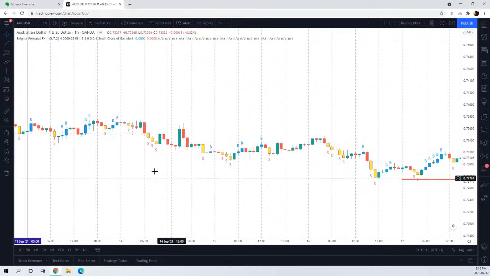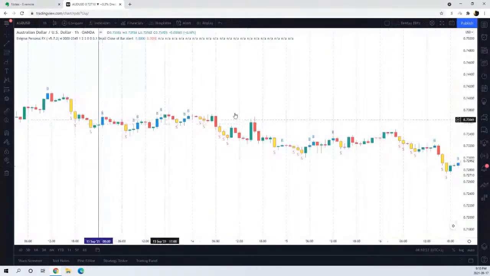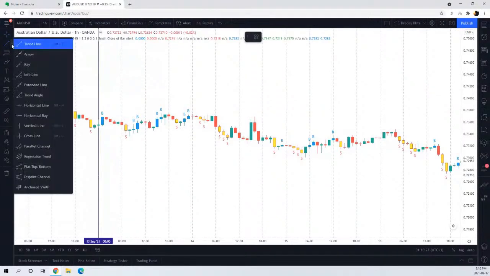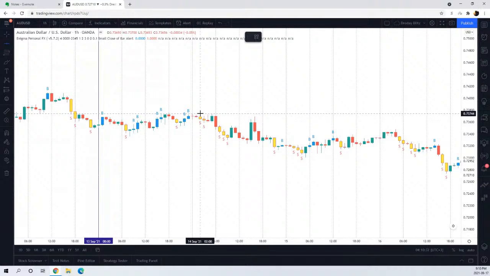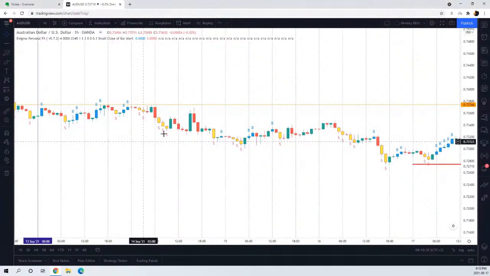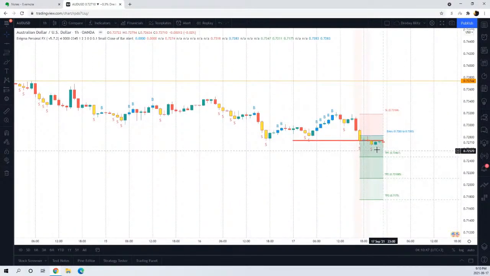For this pair, we do see that there was a sell-off here. The high of the week, I always do a horizontal line, was given to you on Monday and then it sold off, and today was the low of the week.